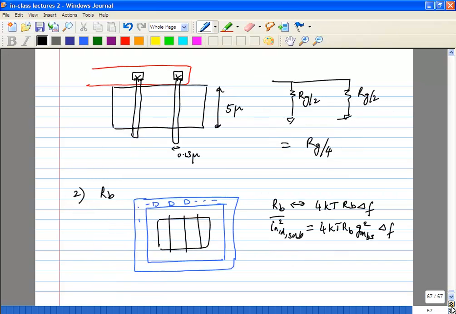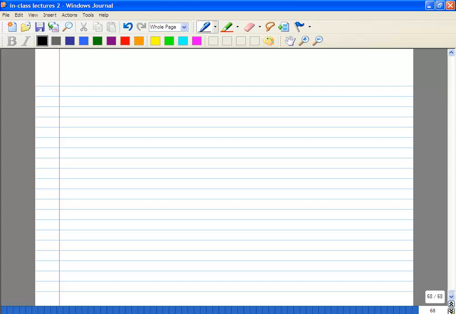Okay, we'll move on to mixers then. While modeling the inductor, we considered the substrate capacitance. Should we have a substrate capacitance in parallel to RB? Yes, definitely, you'll have a substrate capacitance also, except that it doesn't produce noise.